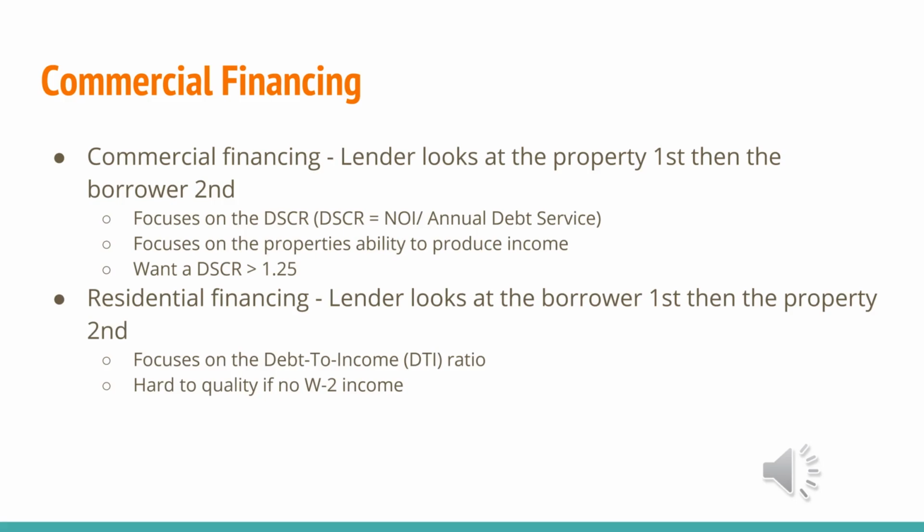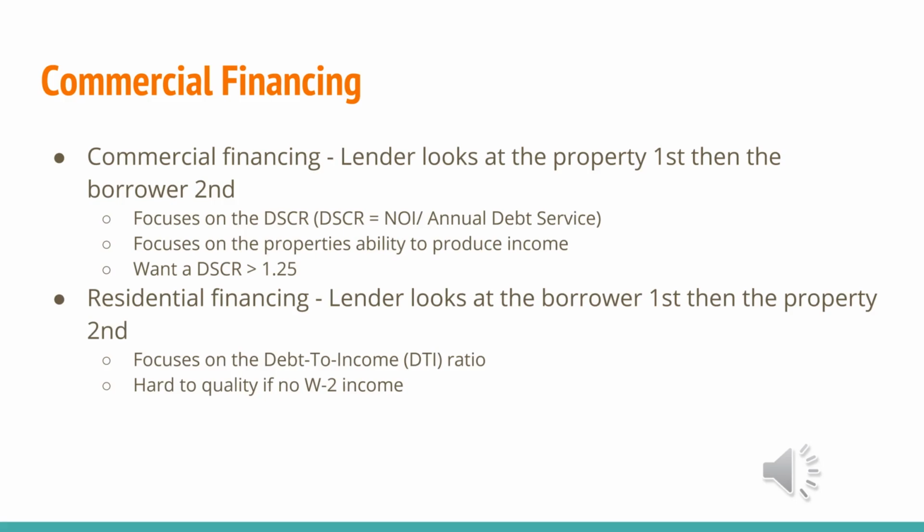I have a good W-2 income, but after buying 4 to 5 single family homes, my debt to income ratio really maximized. So I had no choice but to transition over to commercial financing, where they're focusing more on the property and the property's ability to generate income.